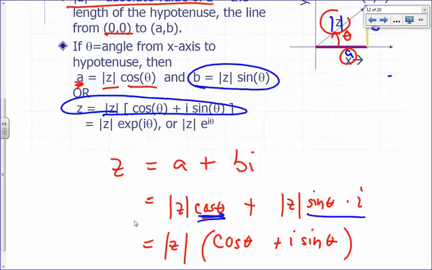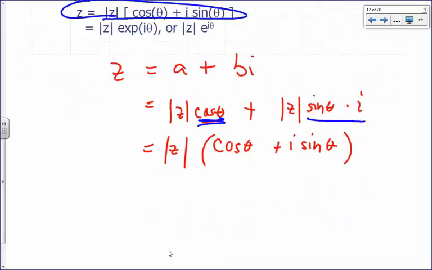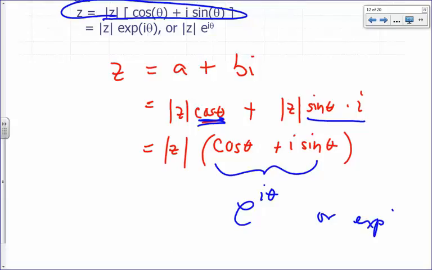Now, you can show that cosine theta plus i sine theta is just e to the i theta, or exp of i theta. So you can also rewrite this as z is equal to the absolute value times e to the i theta.